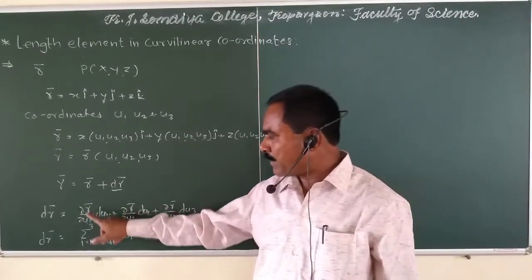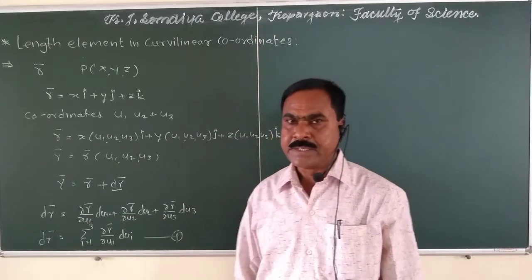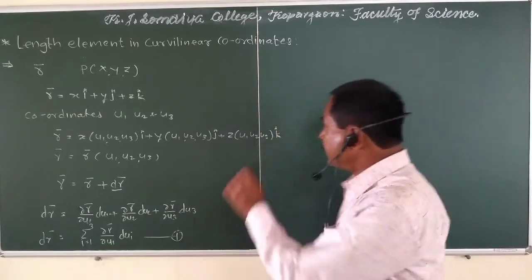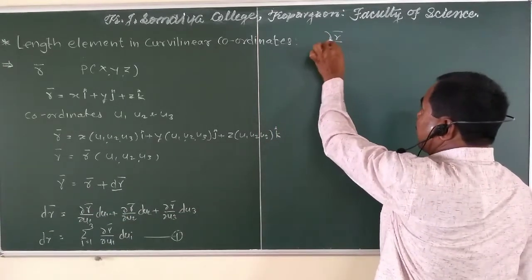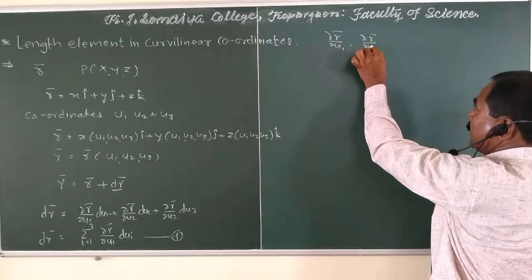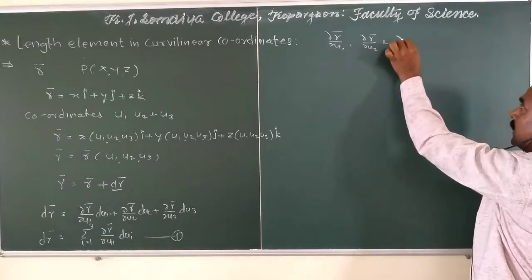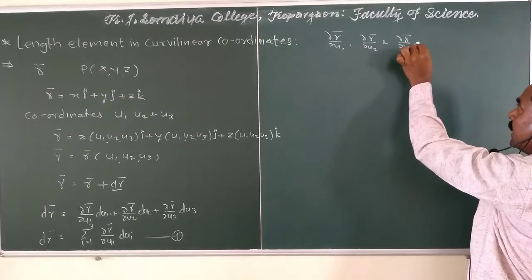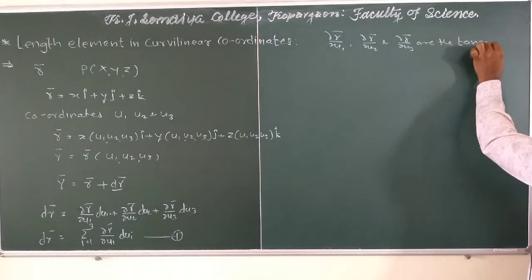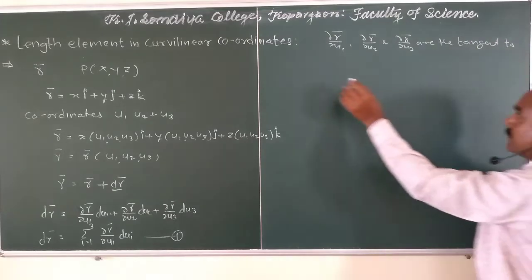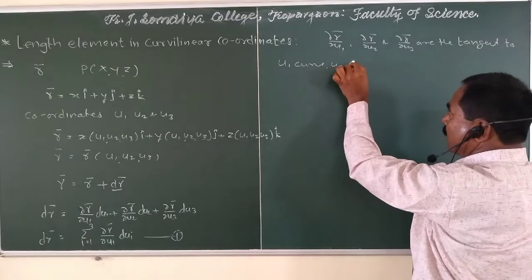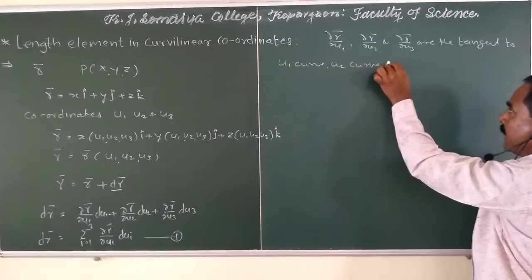So del r bar by del u1, del r bar by del u2 and del r bar by del u3 are tangents to the u1 curve, u2 curve and u3 curve.